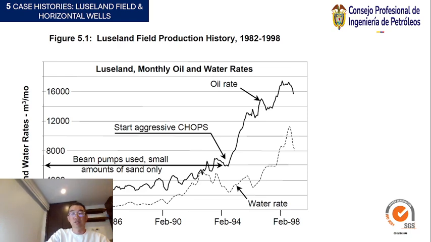Yeah, this is the figure for this part. Figure 5.1 is the Luseland field production history, 1982 to 1988. We can see that from 1982 to 1994, they used just simple beam pumps to produce the oil, and little sand was produced.